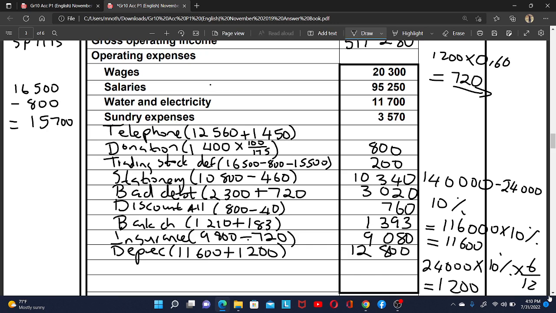So let's calculate that. 20,295, 250, 700, 3,570, 800, 200, 3,250, 2,020, 760, 3,080, 1,800 plus 1,560 plus 1,050. So the answer is 183.